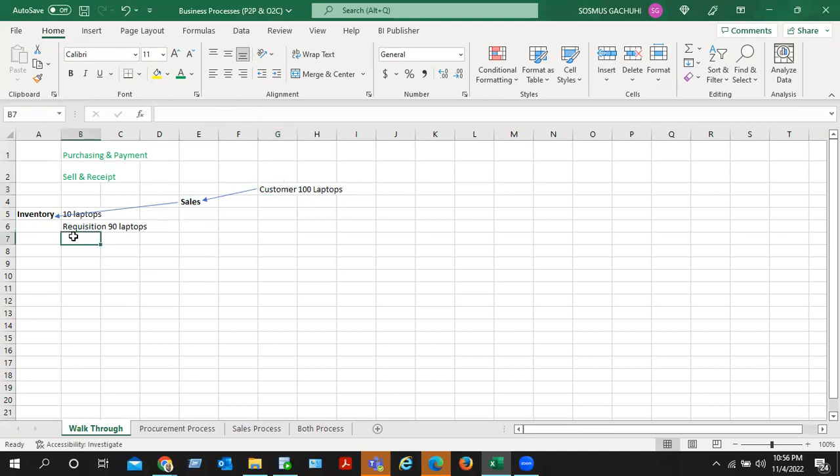So the basic primary work that you are supposed to understand is that the inventory will maintain the stock, and also will do the requisition. So once they requisition, they can do a requisition of more than 90, so that they can continue maintaining the stock.